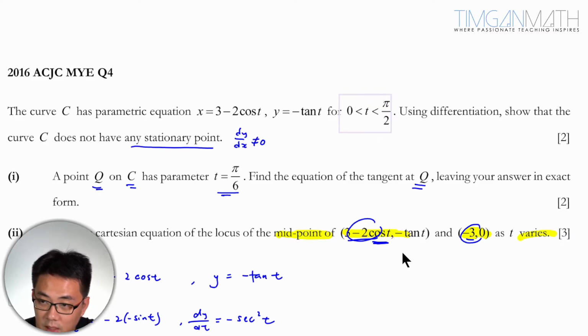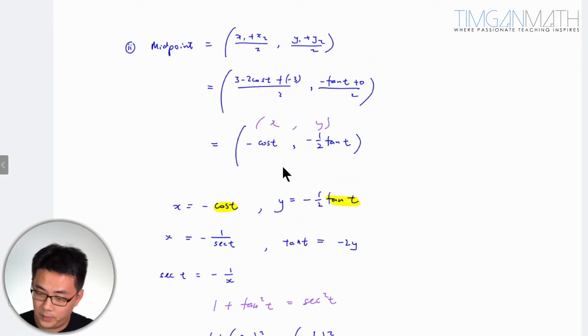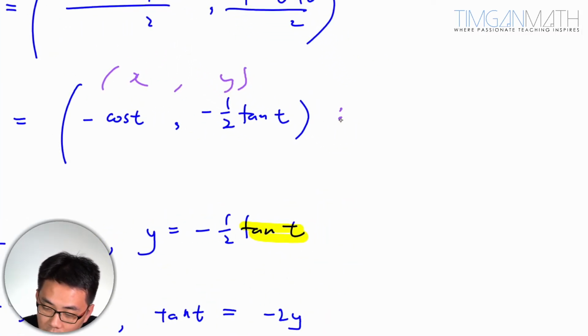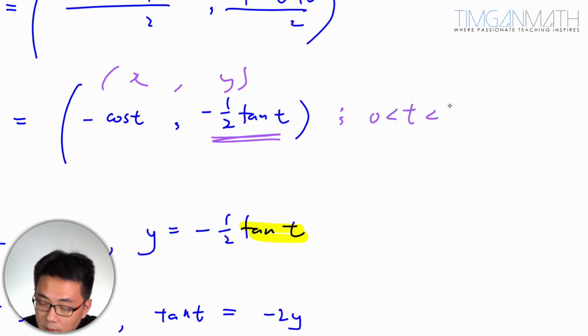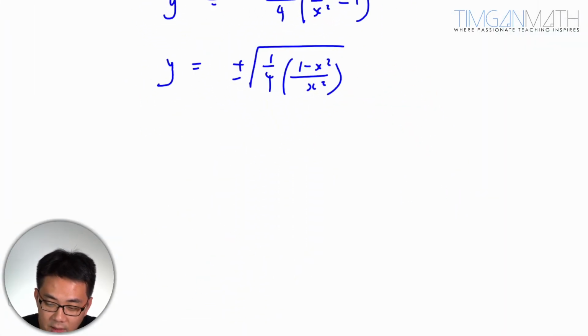So t is in the first quadrant, 0 to pi over 2, meaning tangent t is obviously positive. Once it is positive, if you put the negative half, y will be negative, right? So y will be less than 0. So we reject the positive one and take the negative one here.